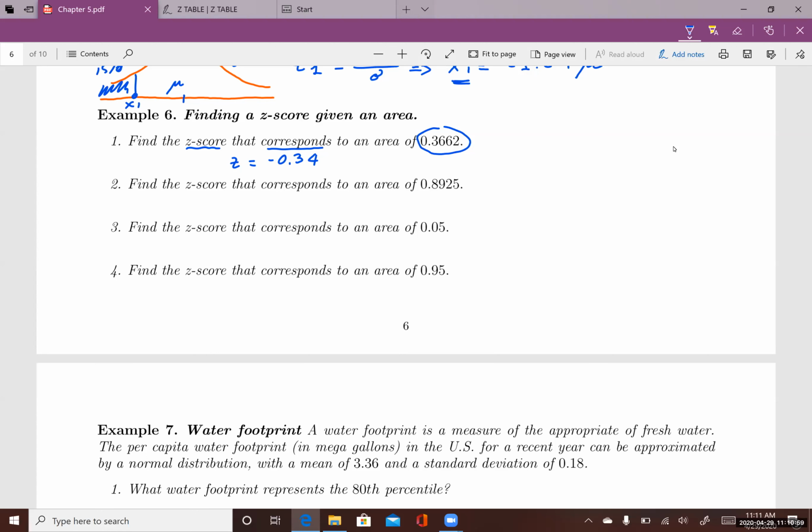Next one, the z-score that corresponds to 0.8925.